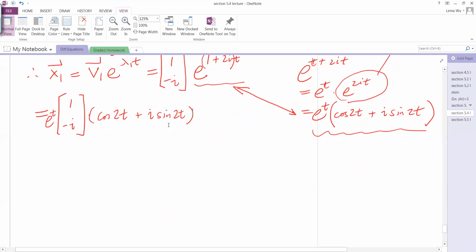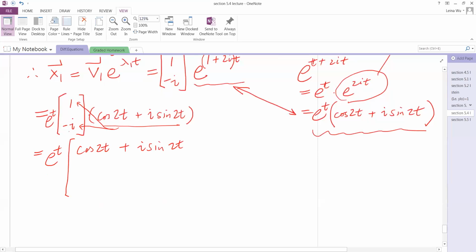Okay, we're close to the end. We're going to keep the e to the t as it is because it doesn't have anything to do with the cosine and i. I'm going to put e to the t to the front. And then I'm going to distribute this cosine 2t plus i sine 2t to both of these two components. So I'll have cosine 2t plus i sine 2t.